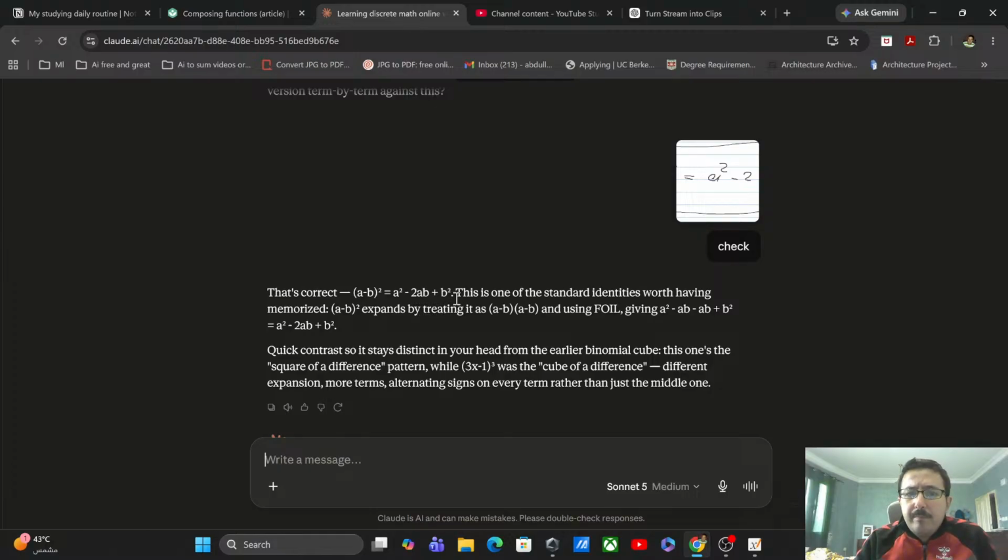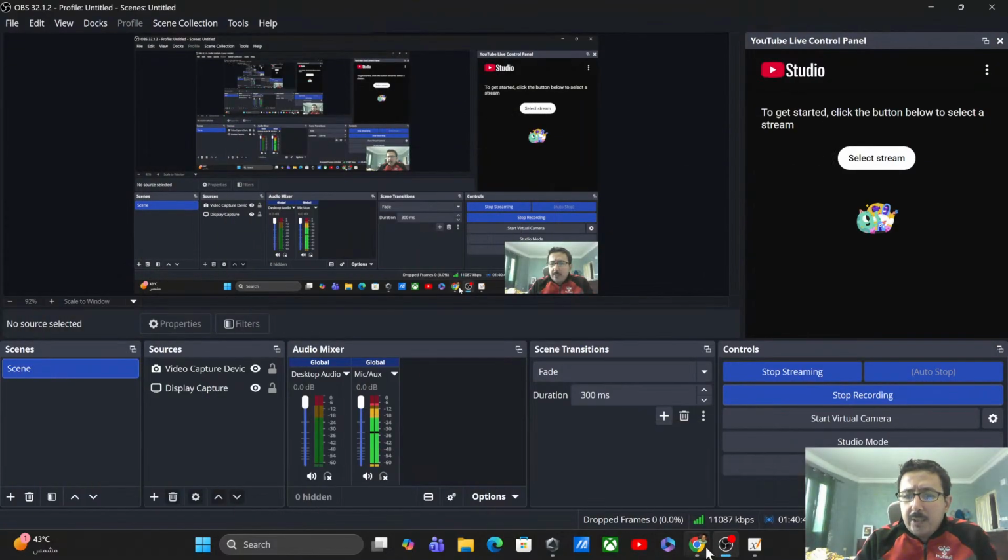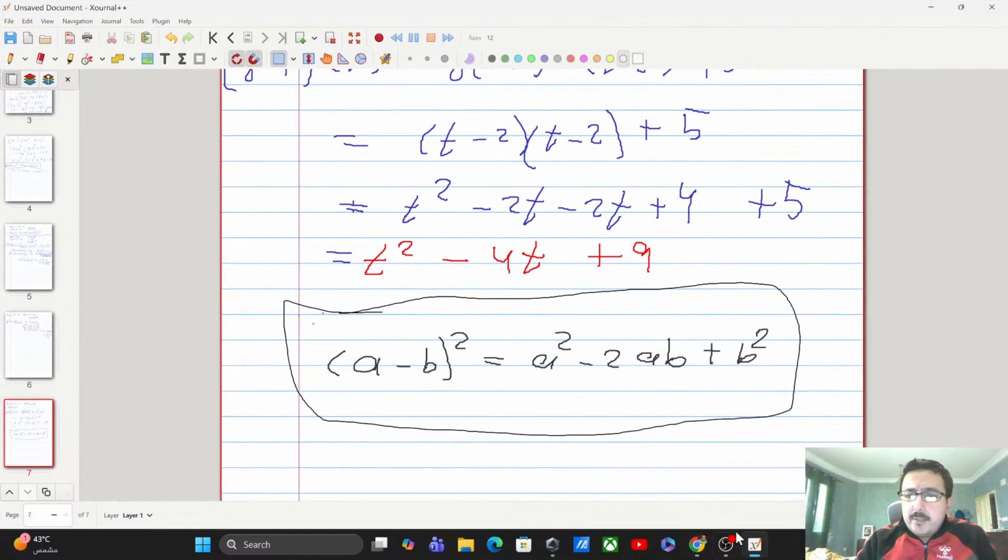Minus 2ab plus b squared is one of the standard identities. What we came up with can actually help in this.